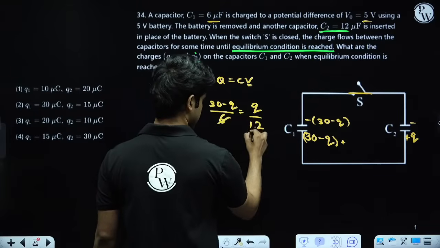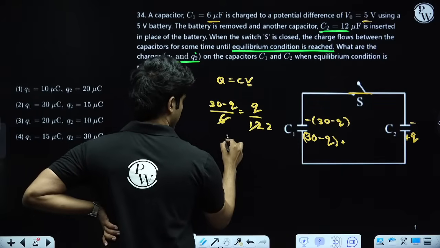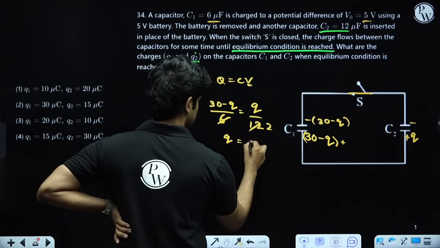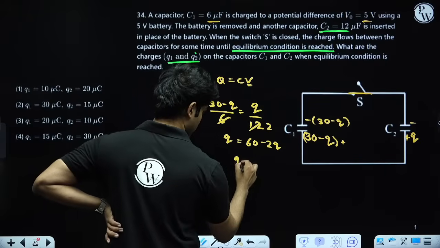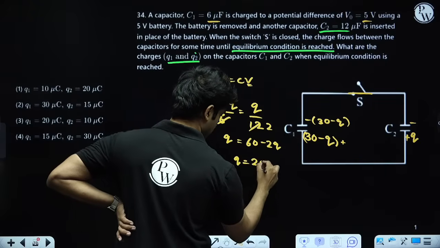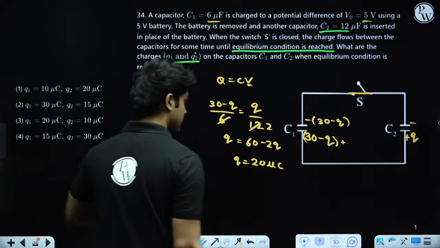So we cancel this: Q equals 60 minus 2Q, 3Q equals 60, so Q equals 20 microcoulomb.